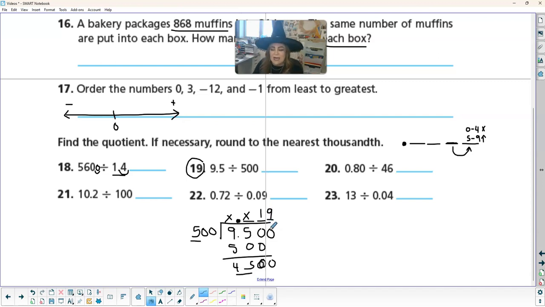So I can just keep adding zeros. It doesn't change because there's that decimal. There was nothing there before, and 0 means nothing. There's nothing there now. So my answer, this is a 0 here, and it ended perfect, so I don't need to round this one, is 0.019, 19 thousandths. So you can add those zeros to make your problem keep going if it doesn't go in there perfect.